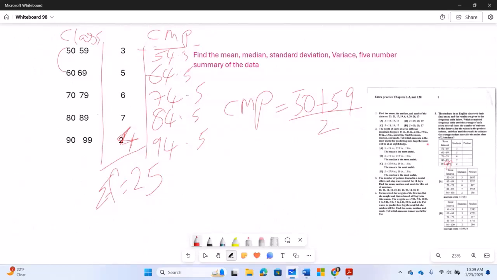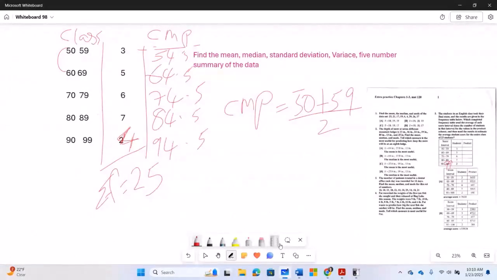Remember, whenever you have grouped data, you cannot recover the original data. So we cannot recover the raw data. So the best we can do is to find the class midpoint of each class. And then we found the class midpoint of each class, and we also find the class width.